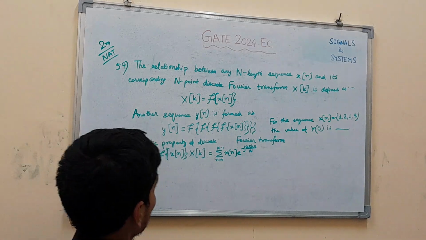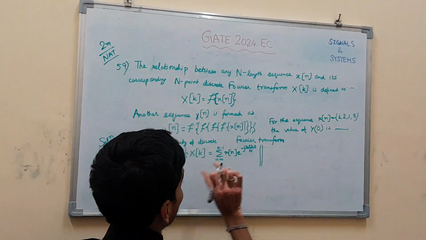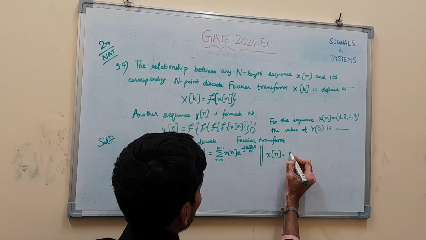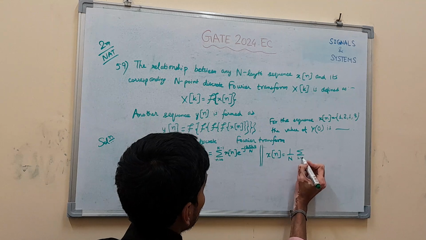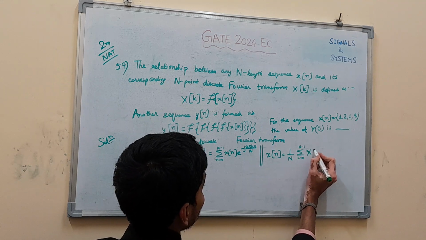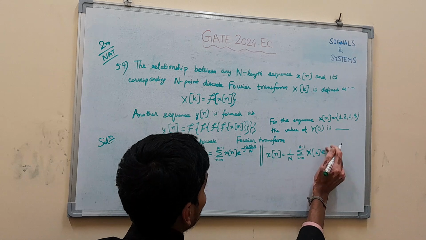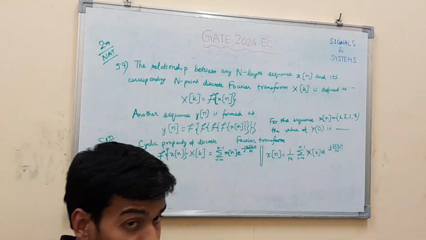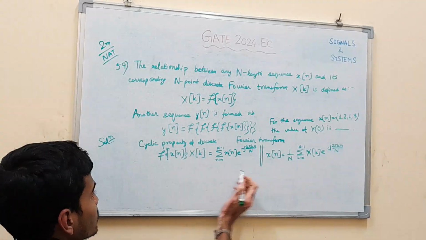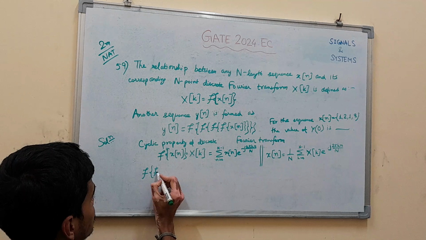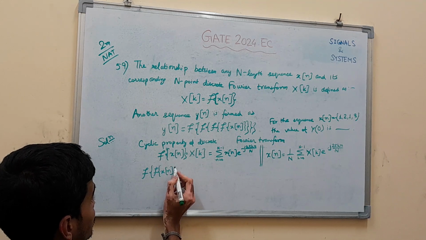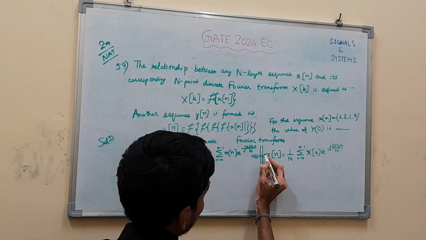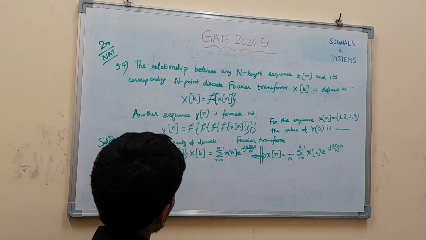Now if we take its inverse pair, x of n equals 1 by N summation k equal to 0 to N minus 1 capital X of k e to the power j 2 pi k n by N. Now if Fourier transform occurs 2 times, you use these inverse pairs. Now what can we write?